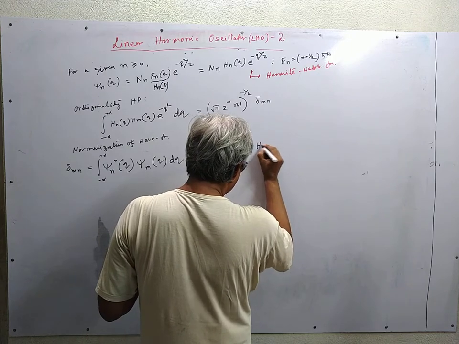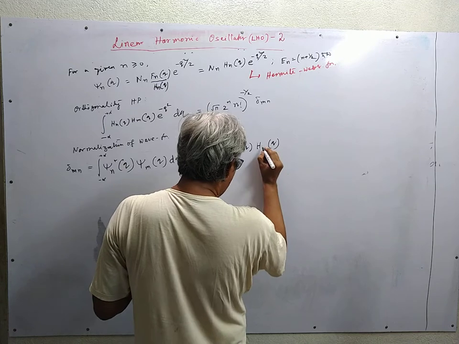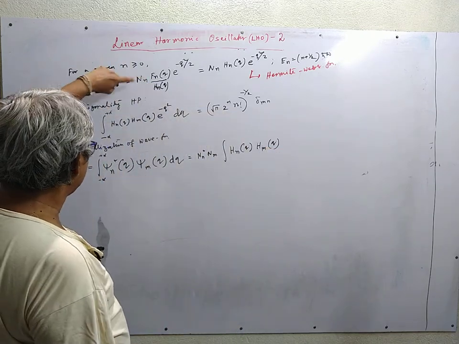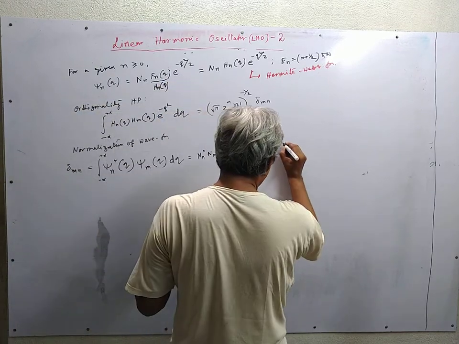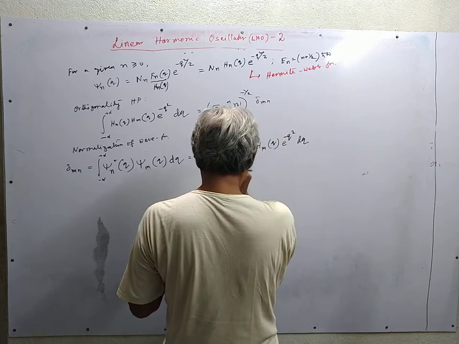Then H m of q, and there is the weight factor q square by 2, which makes it e to the power minus q square, integrated over dq.